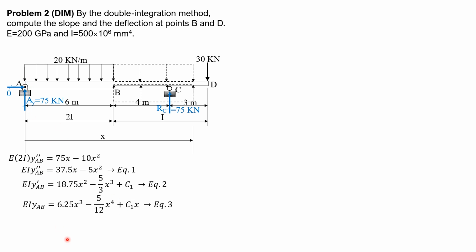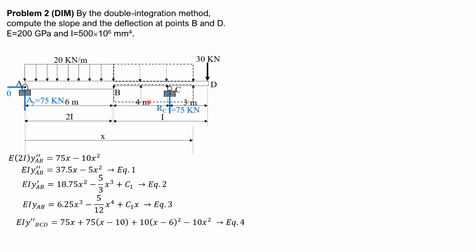Then for the other section, segment BCD, EI y double prime BCD is equal to 75 times x plus 75 times quantity x minus 10 plus 10 times quantity x minus 6 squared. This 10 times quantity x minus 6 squared is 20 times x minus 6 over 2.